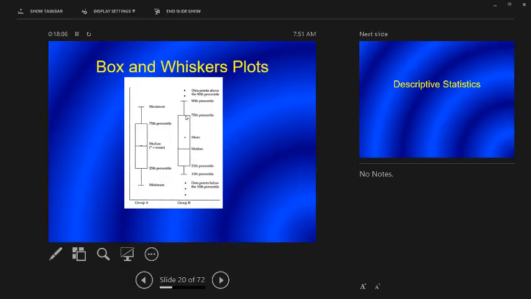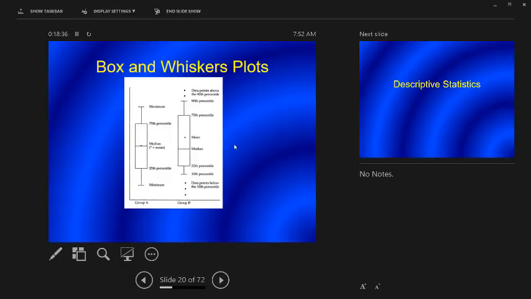Here we have the 75th and 25th percentile, and the median, or middle 50th percentile, is not exactly in the middle between these two values. And the mean is not the same as the median like it was in group A. So this would be an asymmetrical distribution, specifically a right skewed or positively skewed distribution, because we have some really high outliers, and the mean is pulled up with those high outliers.